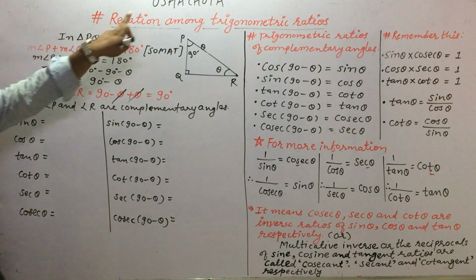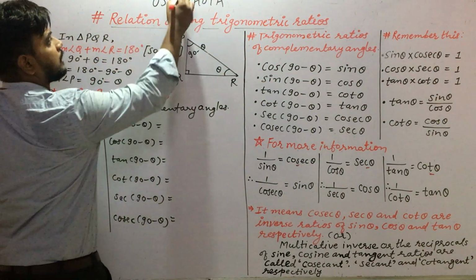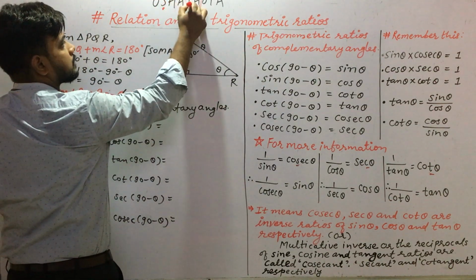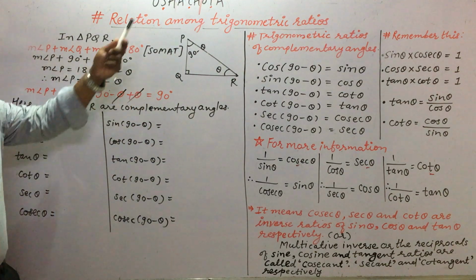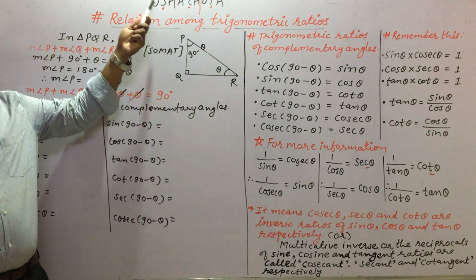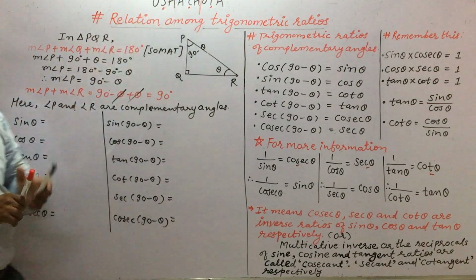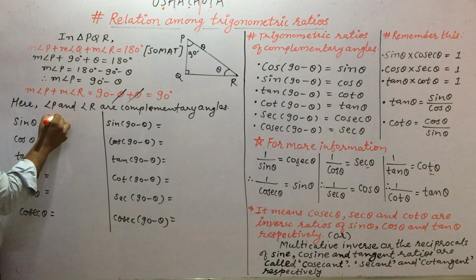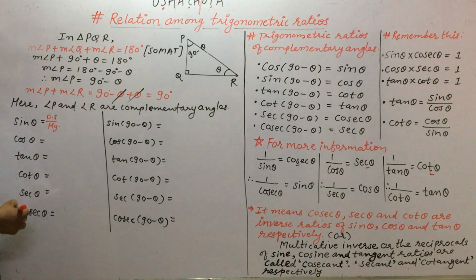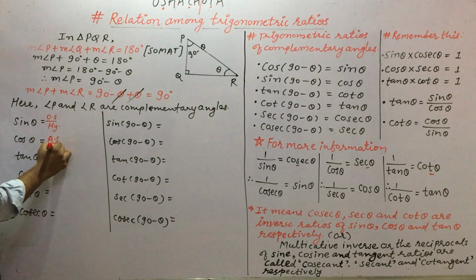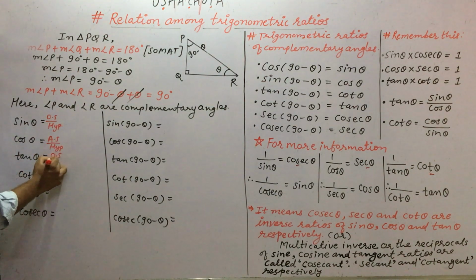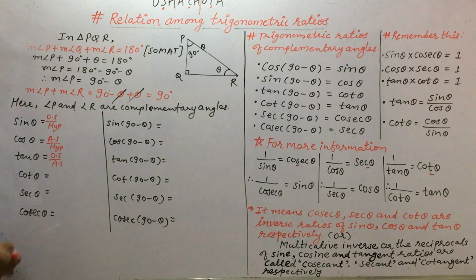What is sine? Let's first divide this name into three equal parts and we will concentrate on the center later. So S means sine: opposite upon hypotenuse. So here we will write opposite side upon hypotenuse. Same for cos: adjacent side upon hypotenuse. Then tan: opposite side upon adjacent side.